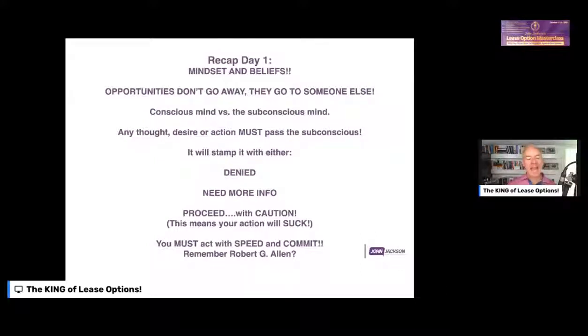So you must act with speed and you must commit. Remember Robert Allen talking to us on Monday, saying until one commits, there's hesitancy, right? Remember that saying? Once you commit, it literally changes the dynamics. It changes providence in your favor once you commit.